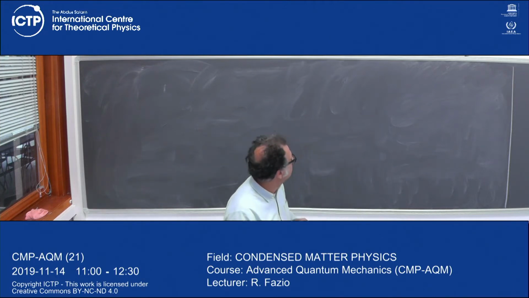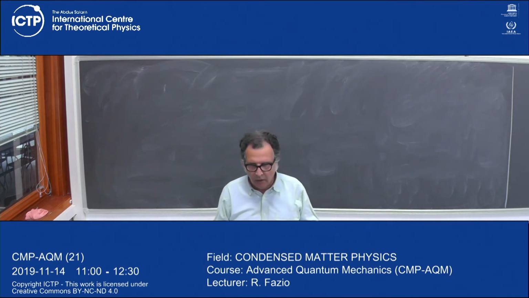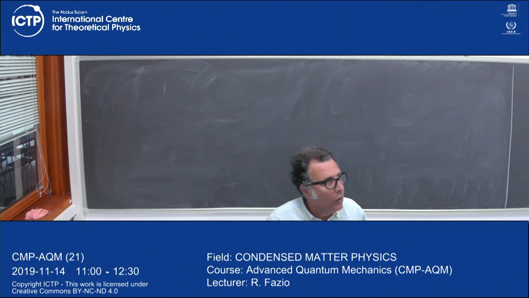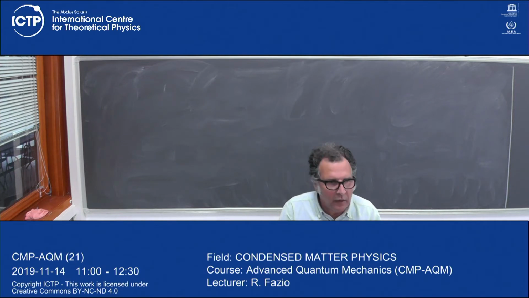So, for instance, in the previous example, if omega 1 and omega 2 are equal, tell me, do you agree that all the levels are degenerate except the ground state? Because when you exchange N1 and N2, then the energy does not change. Okay? Now, can you tell me why omega 1 equal to omega 2 is so special that all levels are degenerate?